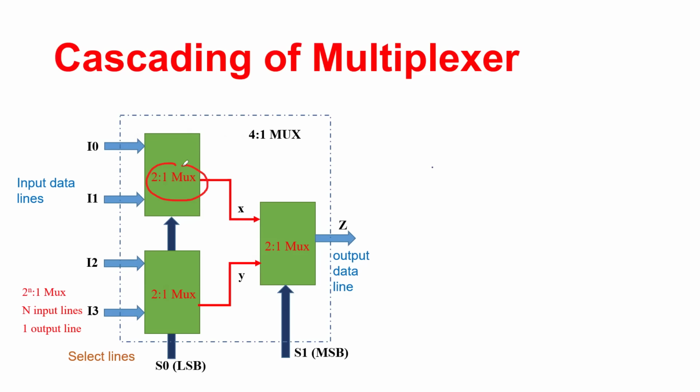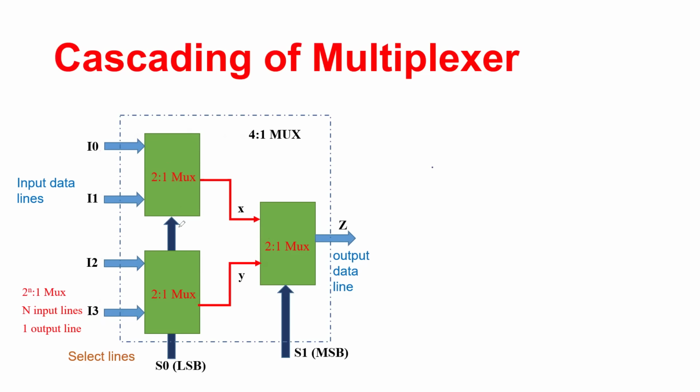So this is the first one, this is the second one, and this is the third one. We know that for the 2:1 MUX, you have two input lines, I0 and I1, and one output line. For another 2:1 MUX, you have two input lines again and one output line, which is small letter y.